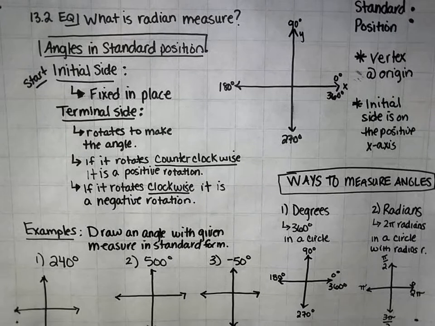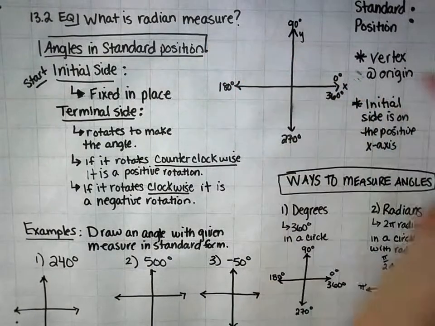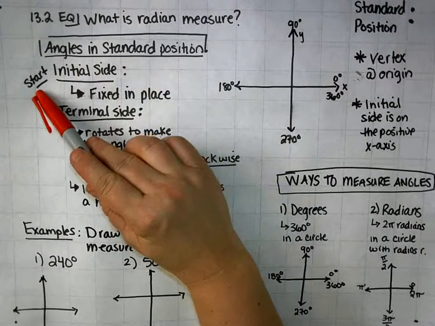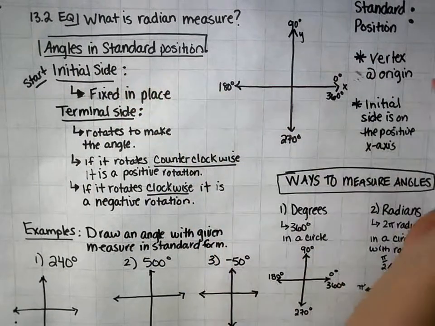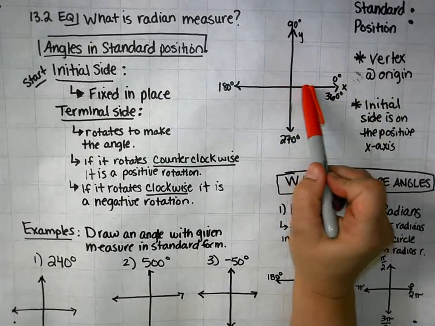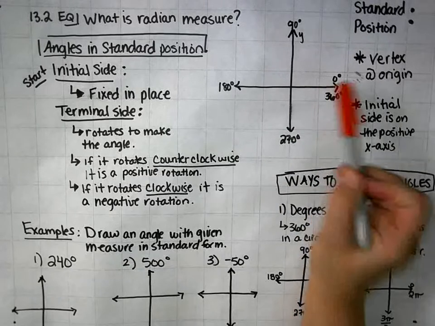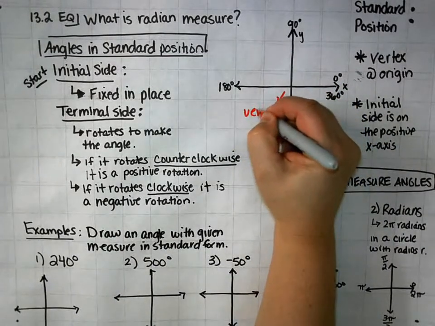So we're going to first talk about angles in standard position. In standard position, the initial side, or the starting side, is the side that's always fixed. It's where you start. If we look at a coordinate plane here, it always starts on the positive x-axis with the origin being your vertex.